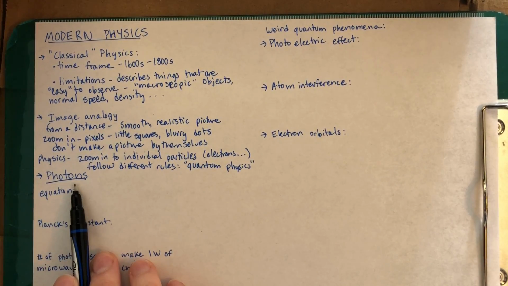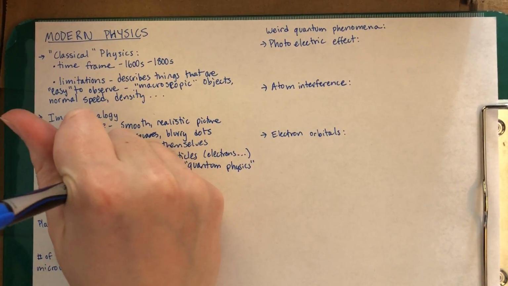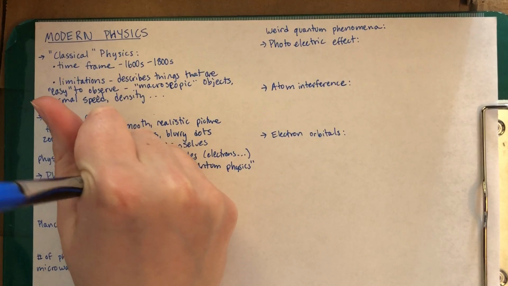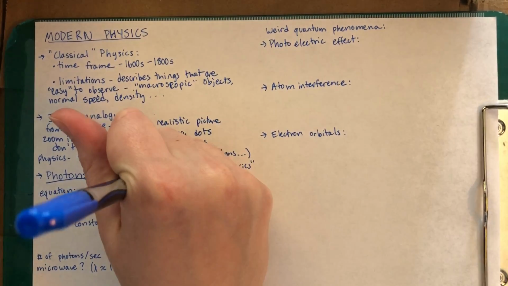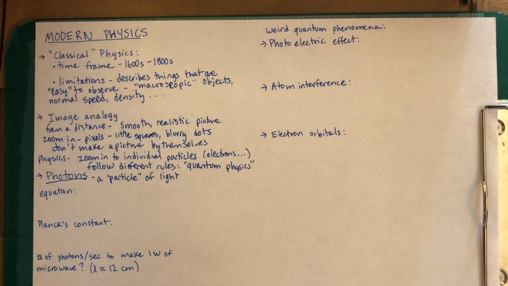And a photon is a particle of light. And you might be saying, wait a second, I thought that we discovered that light is a wave. And that's different from a particle because a wave is just a moving disturbance. It doesn't have a mass. It's not its own separate piece of something.